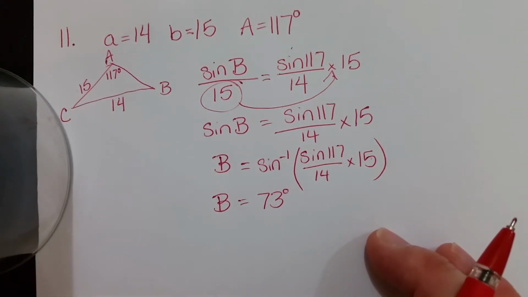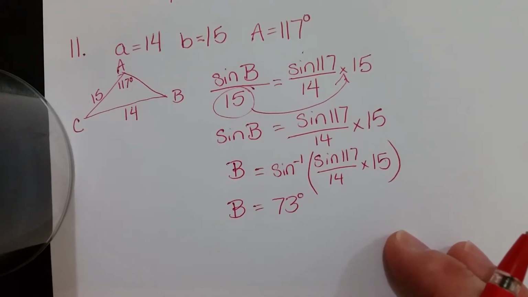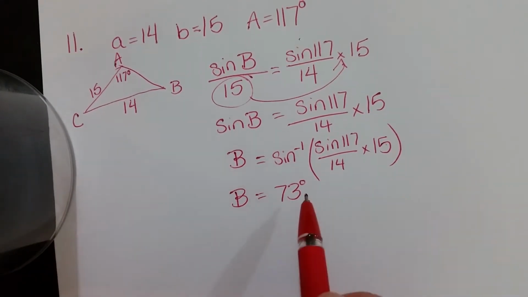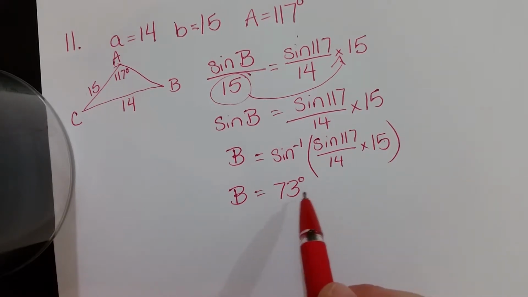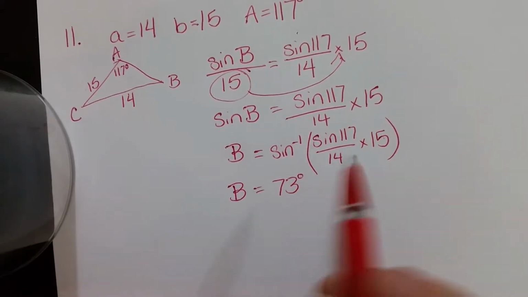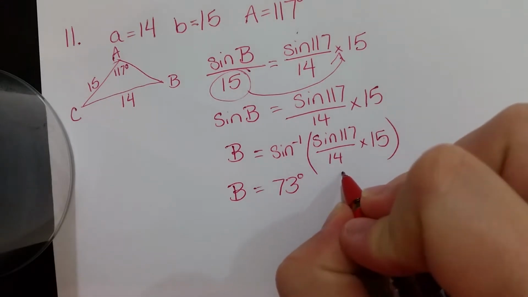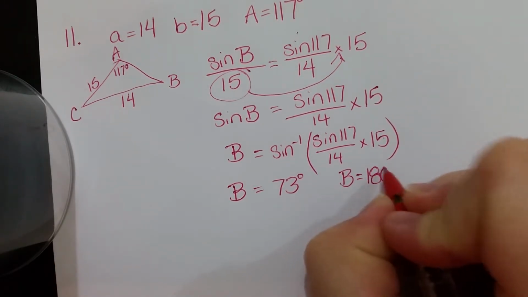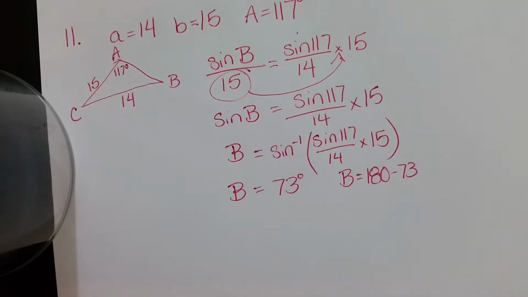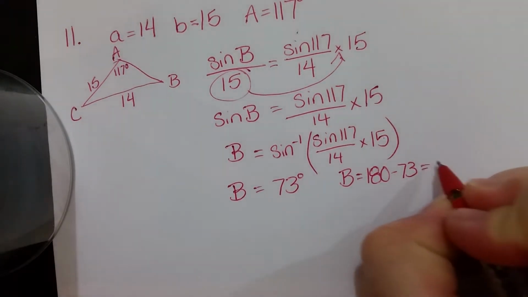So at that point we need to finish solving the triangle with B as 73. But what I'm going to suggest is we actually look for an alternative B right now. B could also be 180 minus 73, and when I do that I get 107.